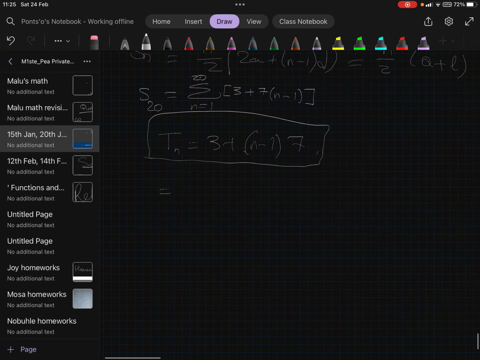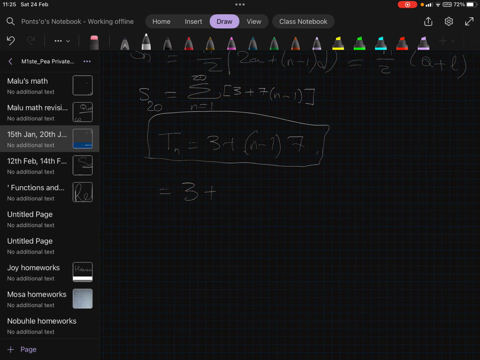Our first term, if we substitute using sigma notation n equals 1, we'll have 3 plus 7 into n minus 1, and then that's 3 plus 7 times 0, and that just gives us 3.